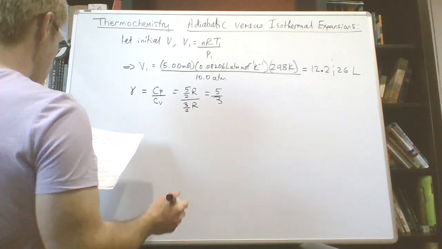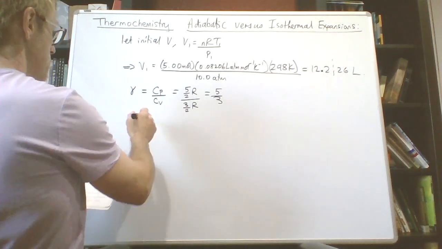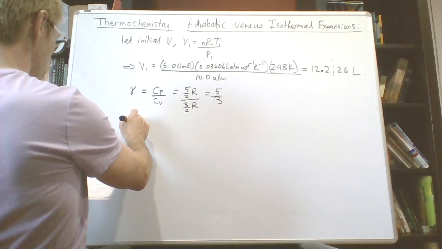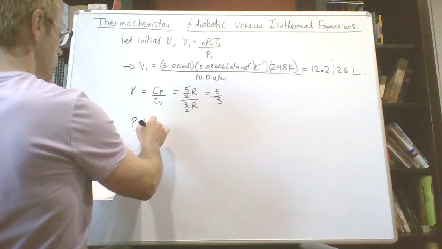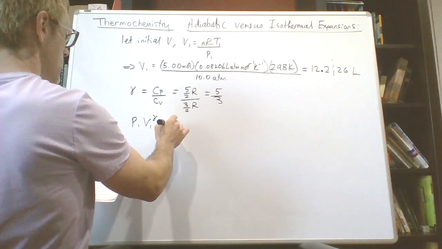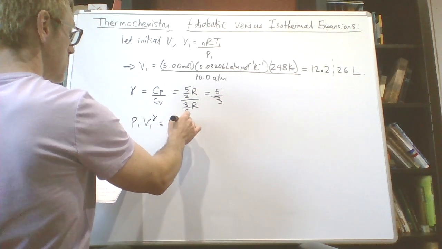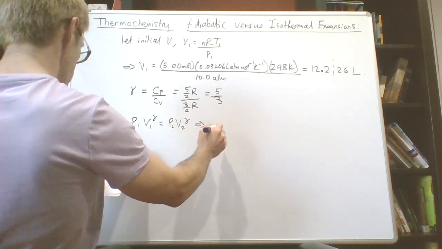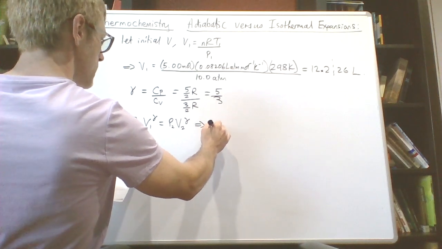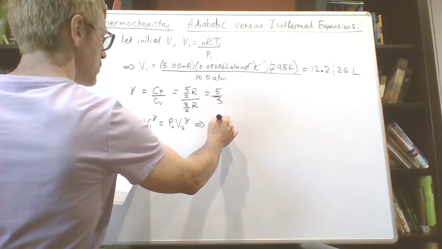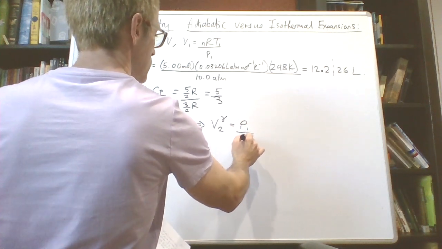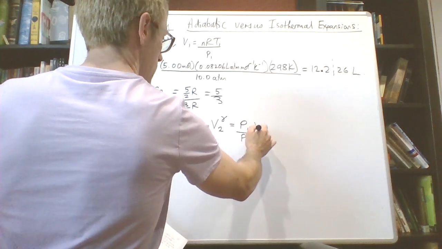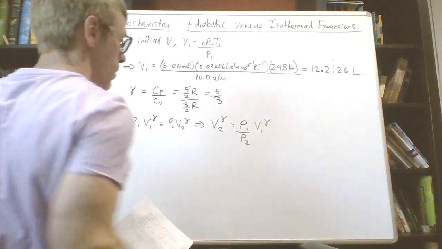We know from our adiabatic process that P1 V1 gamma is P2 V2 gamma. Therefore V2 gamma is P1 over P2 times V1 gamma.